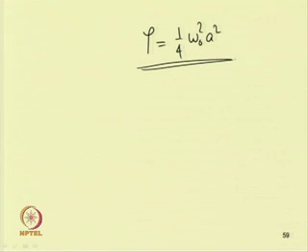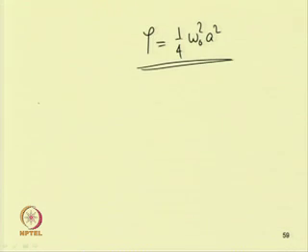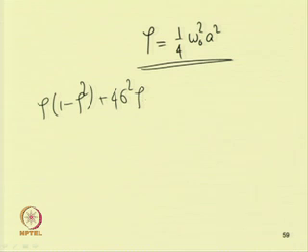By taking rho equal to 1 by 4 omega 0 square a square and squaring and adding the previous two equations, we obtain this equation: rho into 1 minus rho square plus 4 sigma square rho equal to 1 by 4 f square. In this case one can plot this rho versus sigma to obtain the frequency response curve of the system.